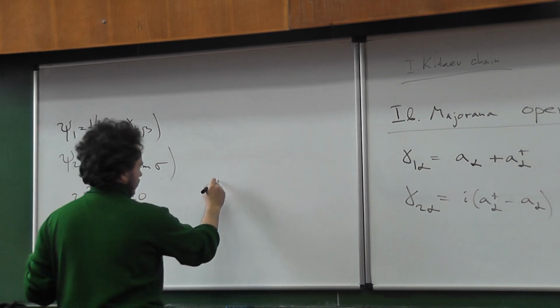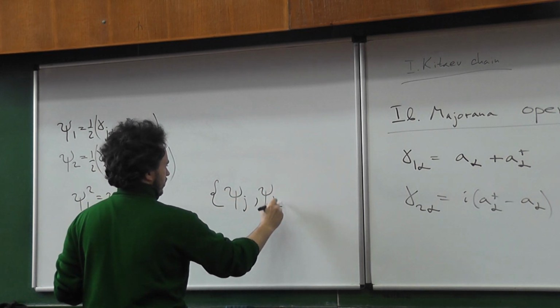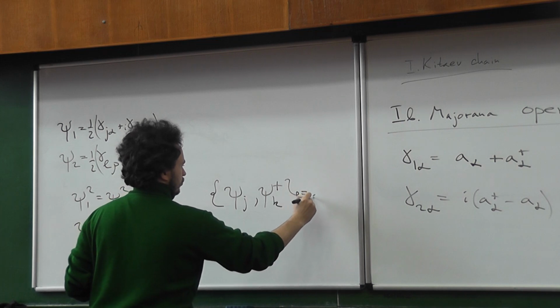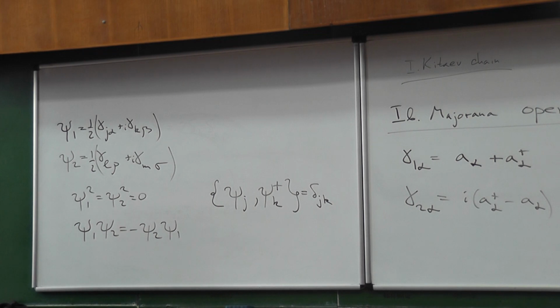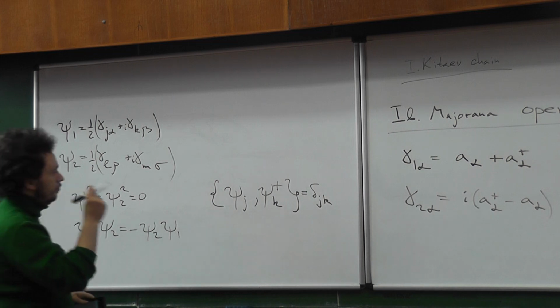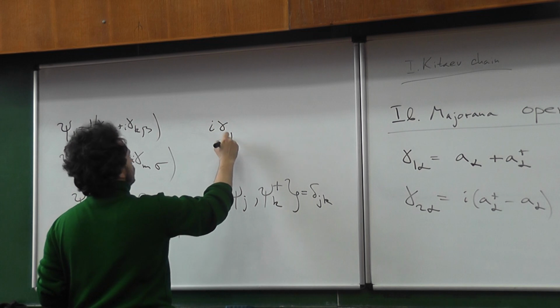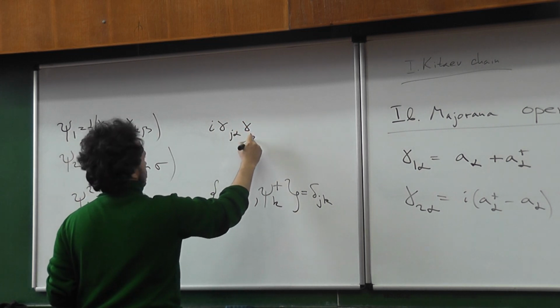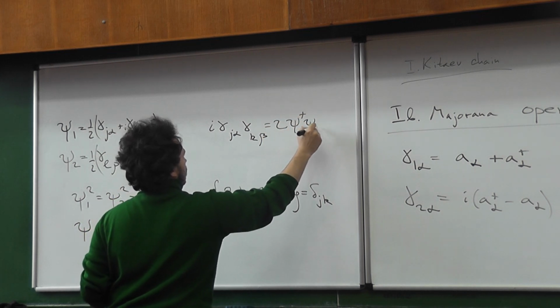You can also show that ψj and ψk† anti-commute to δjk. Most importantly for us, iγjαγkβ is 2ψ1†ψ1 minus 1.